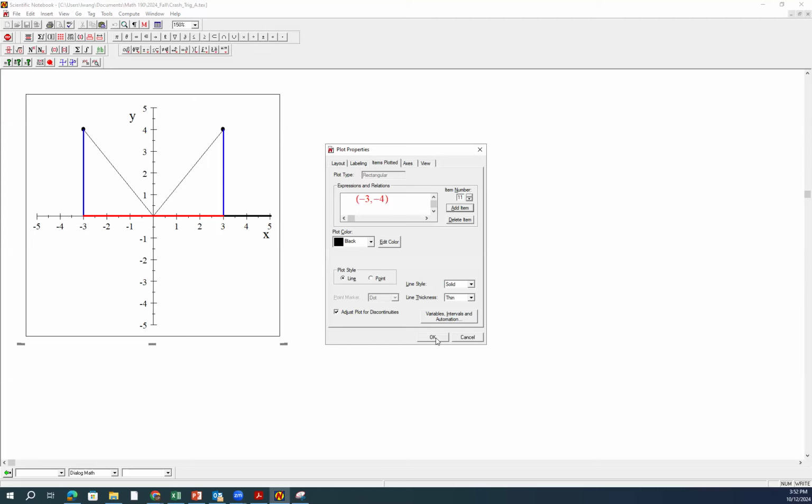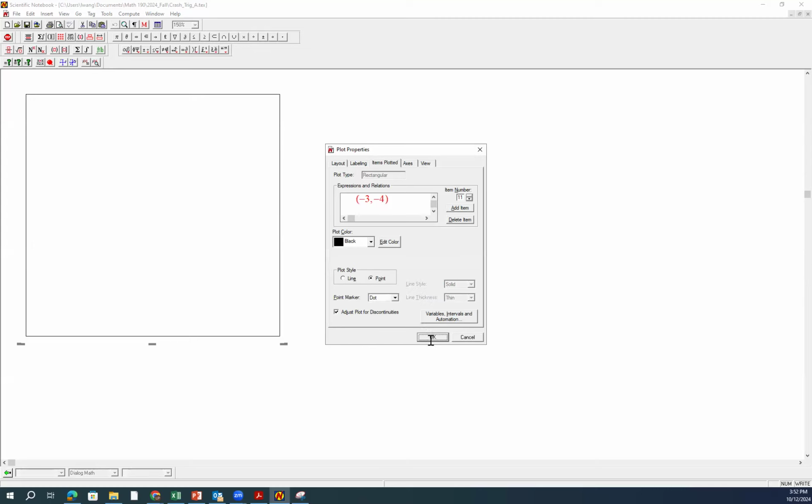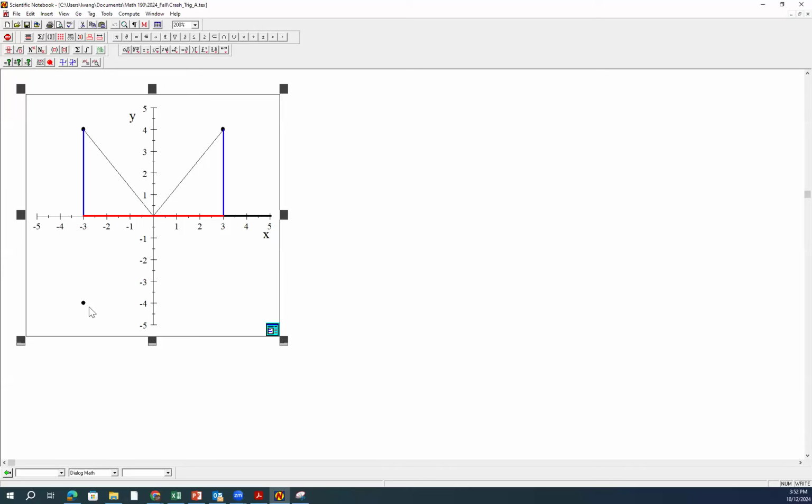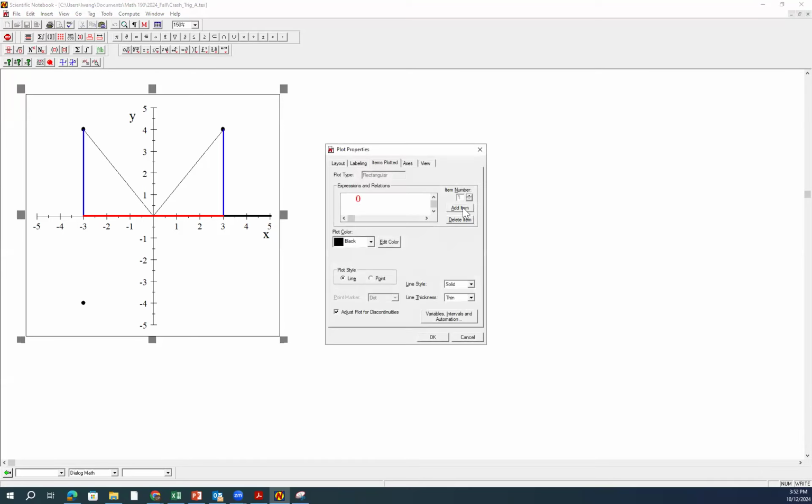And it's a point. Okay, that's that point. And we can draw the terminal. We can put that terminal in there. Okay.